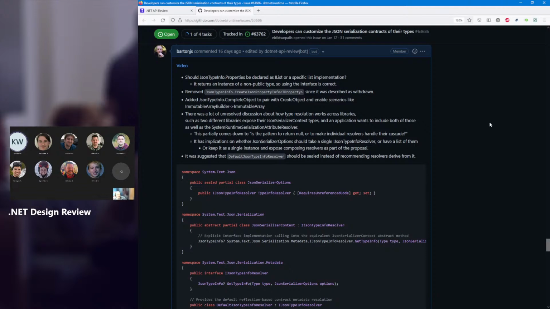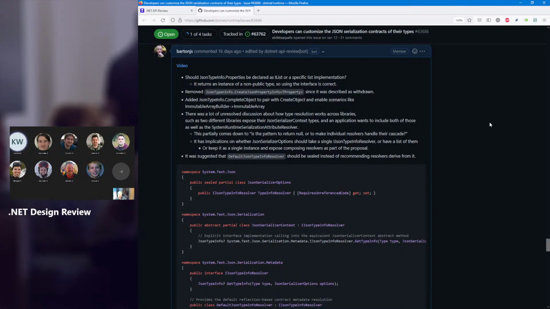Let me tell you. With the current proposal, without this API, it's actually possible most of the time to support immutable array. If you're not deserializing immutable array directly, you can do it through the property setter. Basically for any case which is not exactly immutable array, you can pretty much do it.